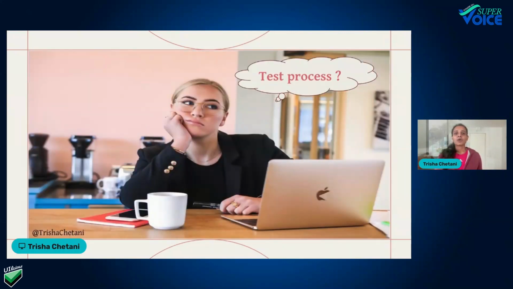Imagine being in a situation wherein you are not clear about the test process. Since you are not clear about the test process, your manager asks you to retest some bugs, but you didn't end up doing that retest because you didn't have access to the system. Since you didn't have access to the system, you ended up doing some other task which was allocated in the sprint. You also communicated during the sprint that you don't have access to the system, but your message didn't get attention.